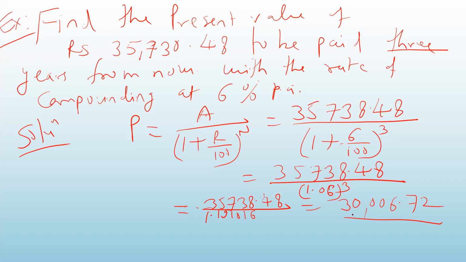That means almost 30,000 you can say. It's nearly 30,000. So the present worth of 35,730 rupees and 48 paisa, which is the future value after 3 years from today, is around 30,000. So again you can see that the present value is less than the future value. So I think you have understood the concept of present value and future value. So thank you so much.